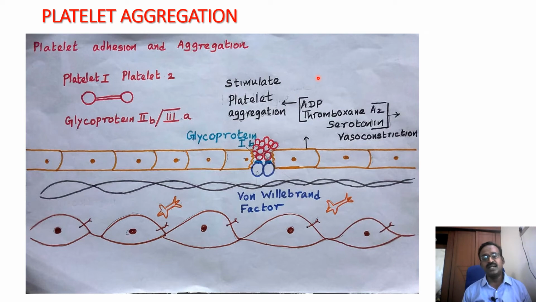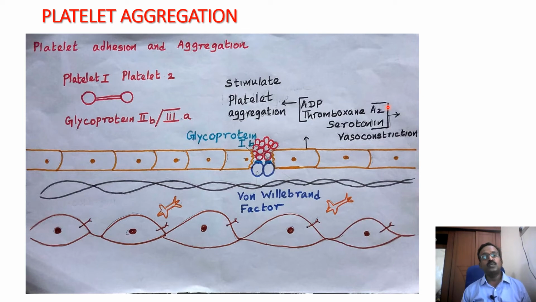The drug name is clopidogrel, commonly used for antiplatelet therapy. And the thromboxane A2 inhibitor is aspirin, which is also used for antiplatelet therapy.